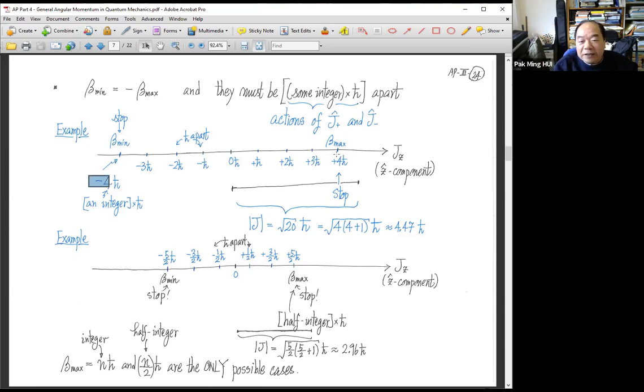Either the maximum value is an integer times H bar, and stepping downward by H bar, you will hit minus the same integer times H bar. Or else, you start with a half integer, 5/2, 7/2, 3/2, okay? You use J minus to take you down, and you will hit a minimum that is the same number with a minus sign.